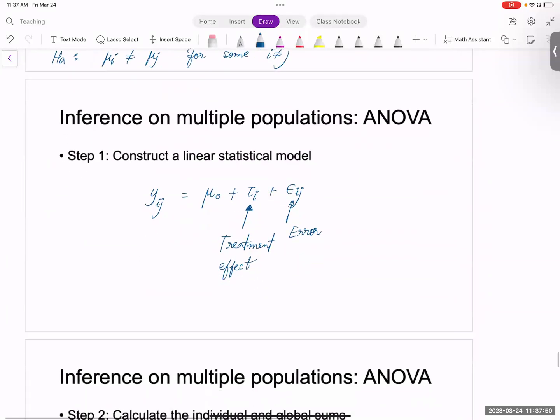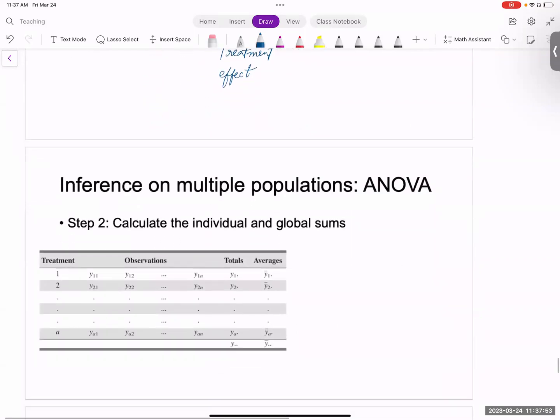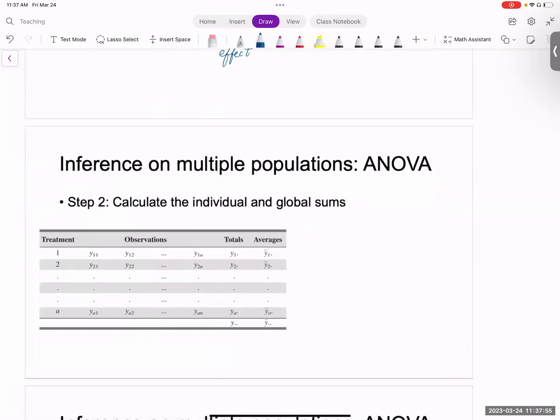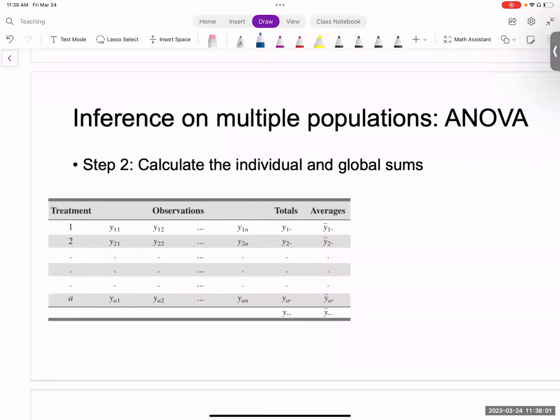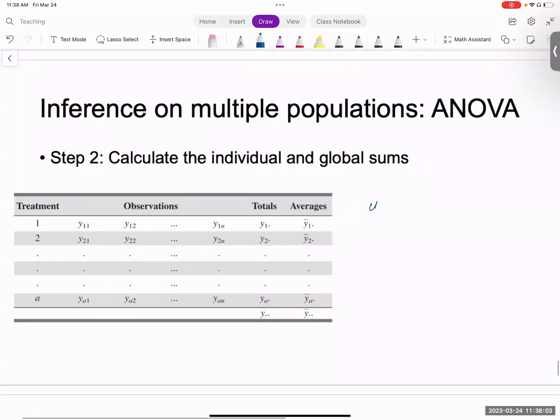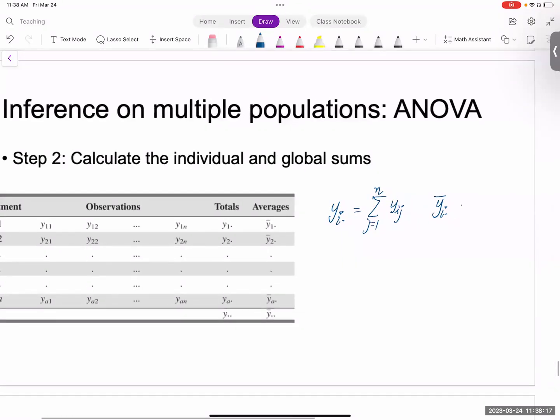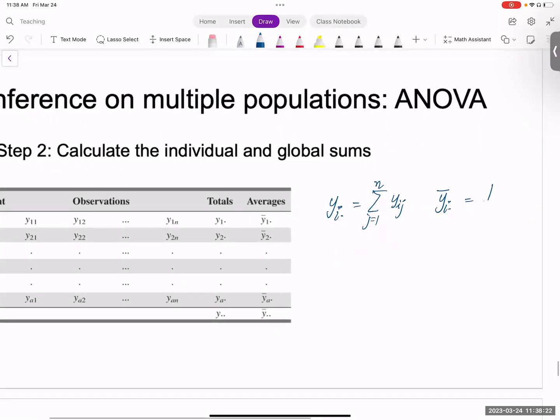So once you have developed this model, all the data is given to you, and we just constructed that model. When you have this data, we compute a couple of things. First is yi dot, which is equal to the summation of yij, j equal to 1 to n, and yi dot bar, which is just the average of all of these yij's, equal to 1 over n summation of j equal to 1 to n yij.